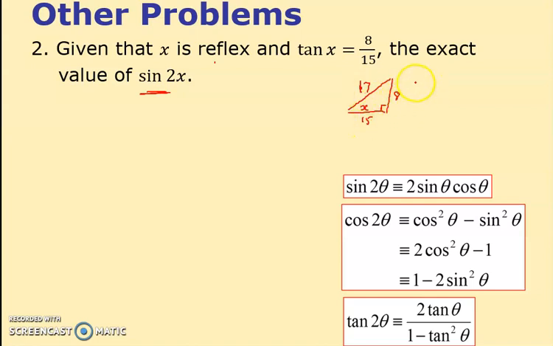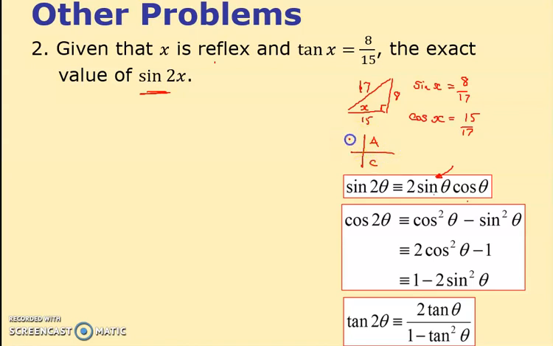So anyway, I want to know sine x, because I'm going to eventually use this formula here. So sine 2x needs sine and cos. Sine is 8/17, well, might be. I've got to be careful with pluses and minuses. Cos is 15/17. Now just use your CAST diagram here.